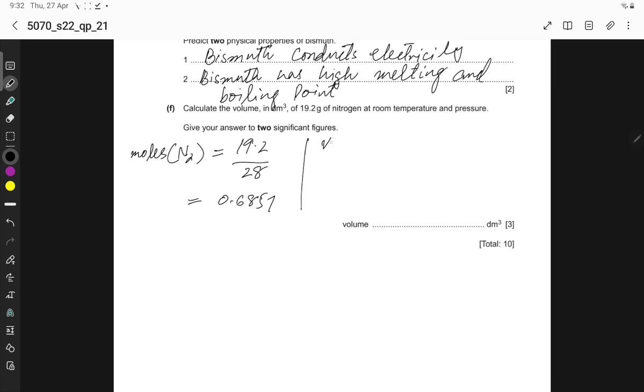Volume is equal to mole times 24 dm cube.